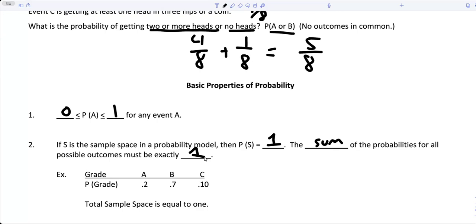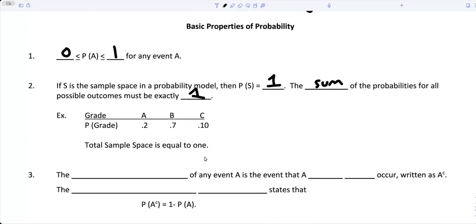Is this a legitimate probability model? Well, are the probabilities between 0 and 1? Yes. Is the sum of all the different probabilities added together equal to 1? Yes. Therefore, the total sample space is 1. And this is legitimate.